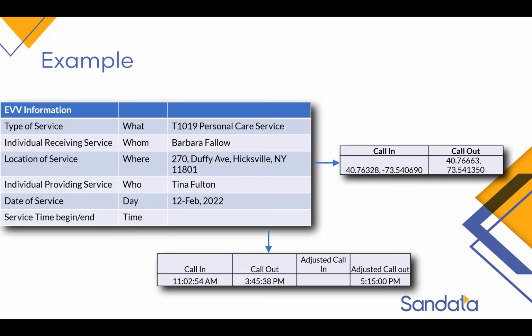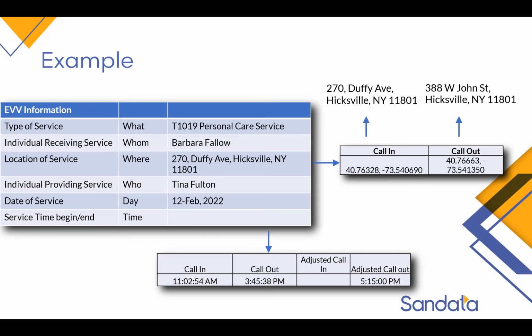Well, it turns out that those third decimal differences, when mapped on a Google map, for example, result in a totally different address. So in this case, it turns out that the call in and the call out correspond to two different addresses entirely.